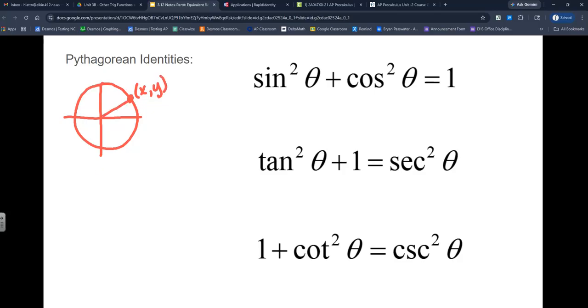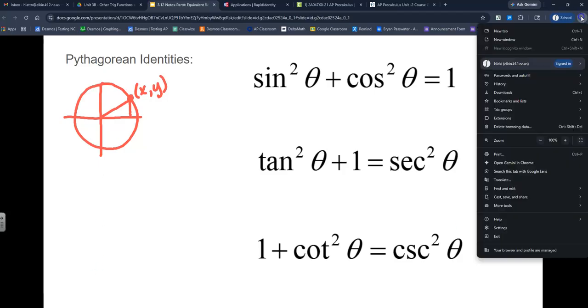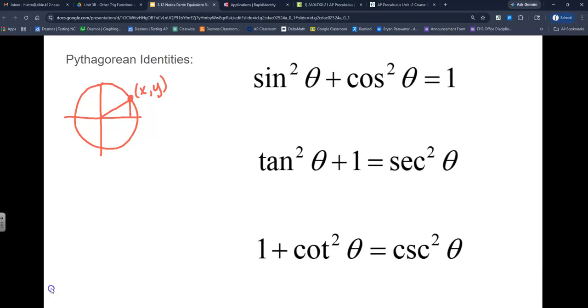And if you were to make yourself a little triangle right there, then this length right here, that would be your X coordinate. And this length right here, that would be your Y coordinate.